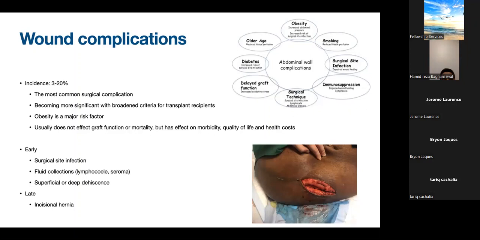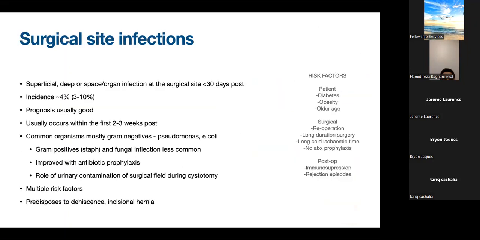And the wound complications are multifactorial. The main early complications you see are surgical site infections, fluid collections such as lymphoceles, as well as superficial or deep wound dehiscence. The later complications are things like incisional hernias, which are very common in this group as well.